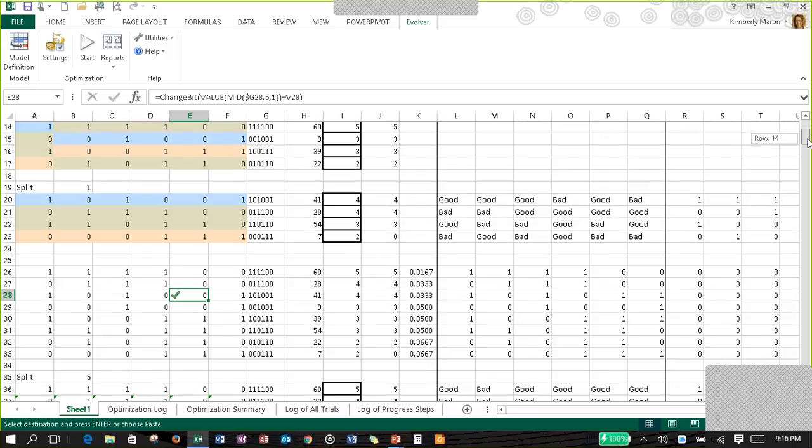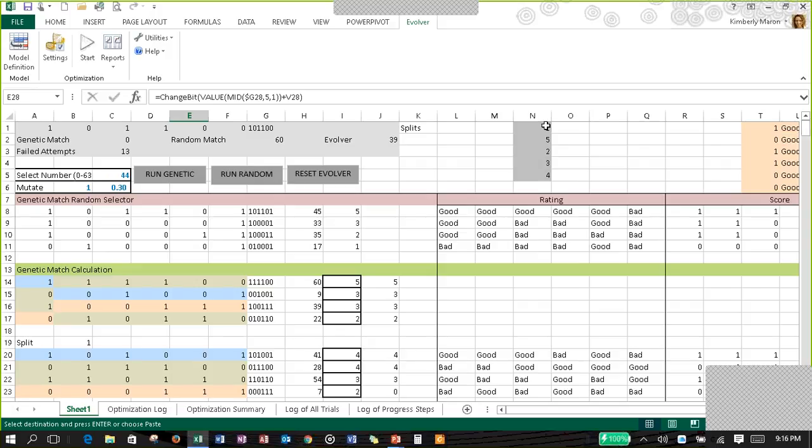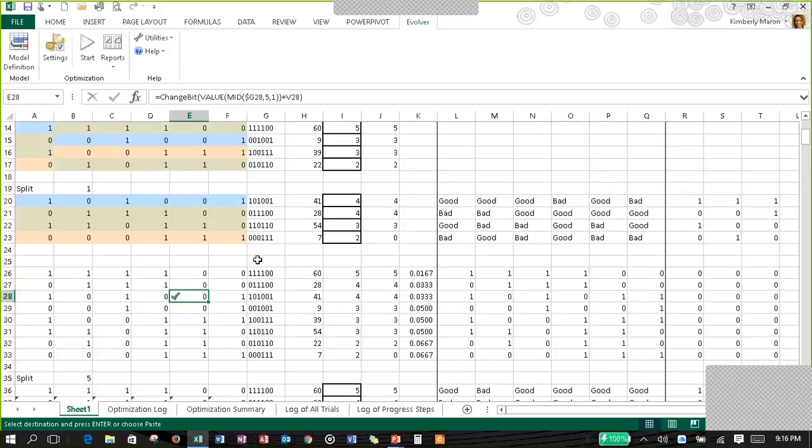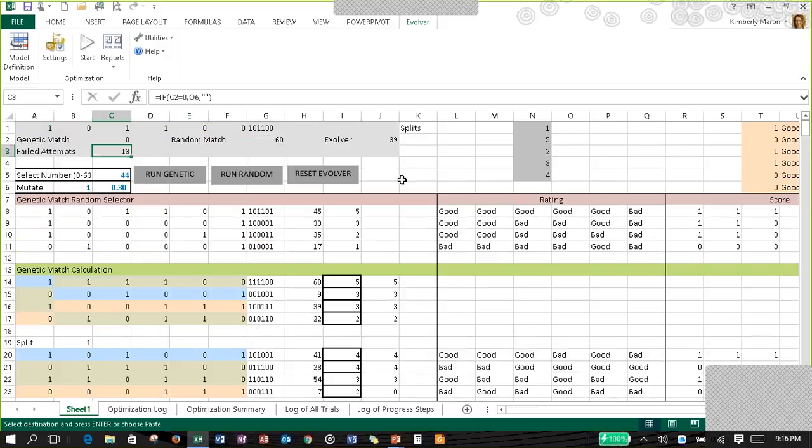Okay, so now if we look at how this ran at the top here, we can see that we had 13 failed attempts, and we did not get a genetic match. The reason we did not get a genetic match is because in this model, we only ran through each split 1 time. If we continue to split and continue to add random guesses, eventually we will get the right answer.